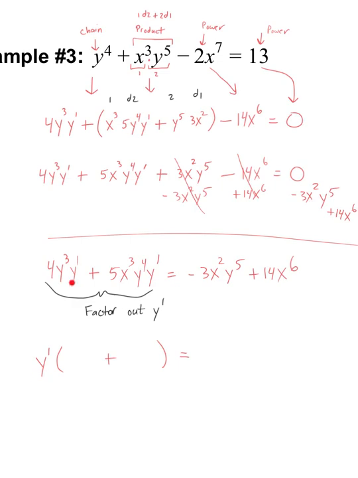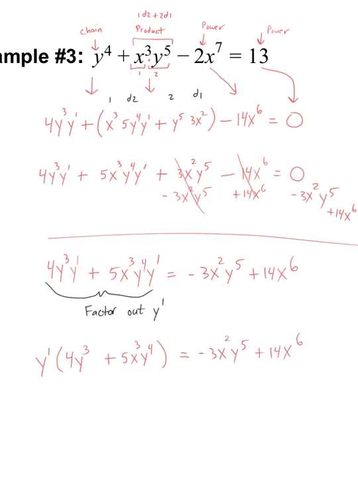The y primes cancel, and we're left with 4y cubed. To get this term, we take this second term, and we divide it by y prime. The y primes cancel out, and we're left with 5x cubed y to the fourth. All right, now we just bring this side down as is. Negative 3x squared y to the fifth, plus 14x to the sixth.